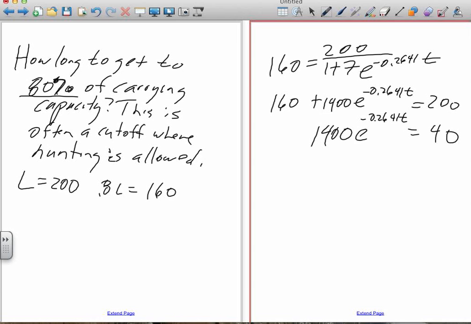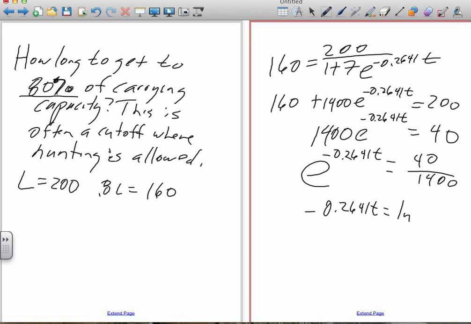Divide by 1400, so e to the negative 0.2641 t equals whatever 40 over 1400 is. Ln these puppies, negative 0.2641 t will be the natural log of 4 over 140.